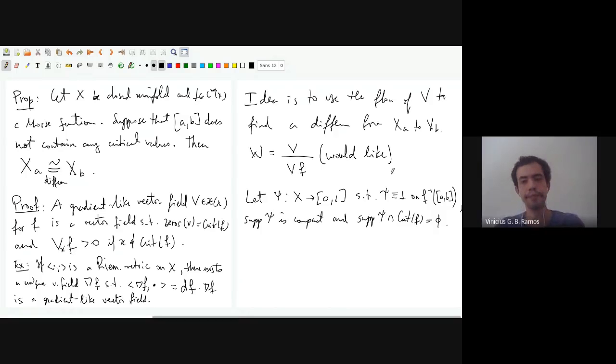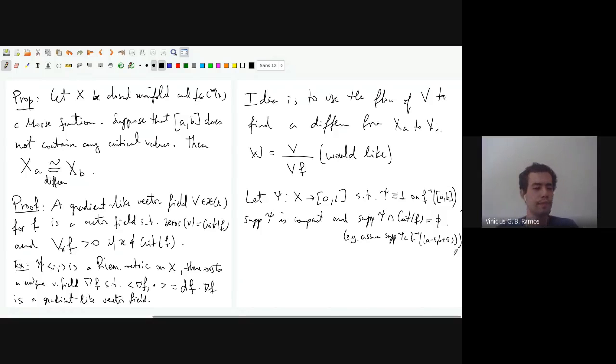So for example, you could assume that the support is contained in the pre-image of A minus epsilon and B plus epsilon, for epsilon sufficiently small.